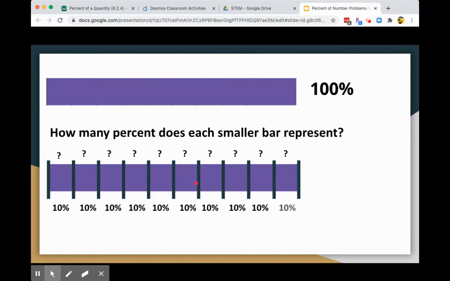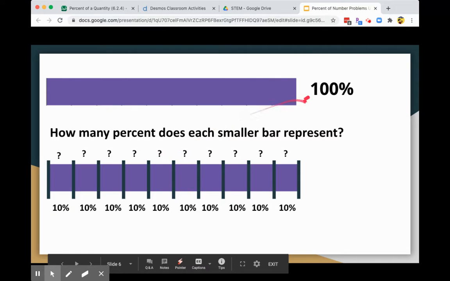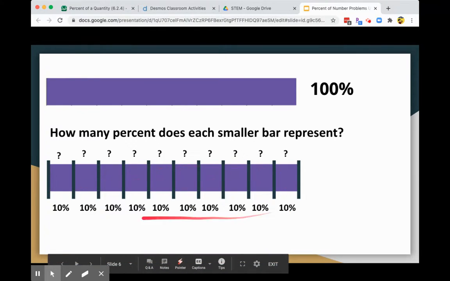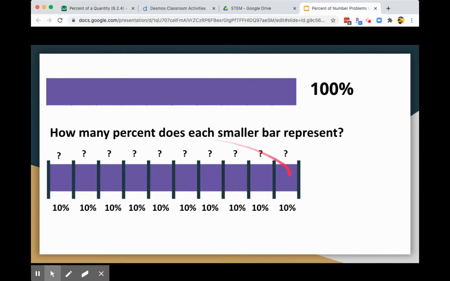And so we asked your classmates, how did you all get this? Well, some people said if you take 10 and you multiply it by 1, 2, 3, 4, 5, 6, 7, 8, 9, 10, 10 groups of 10% is 100%. 10 times 10 is 100.